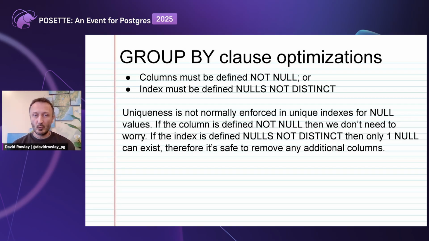Expression indexes won't work because we can't have a not null constraint on an expression index. If there's no not null constraint, then the index needs to be defined as nulls not distinct. And that means there can only be a single null value rather than multiple. Ordinarily, uniqueness is not enforced for nulls, but nulls not distinct changes that to allow nulls to be distinct.